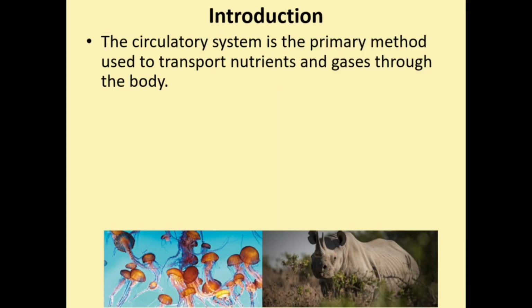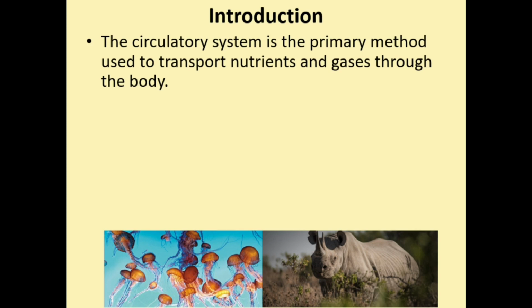So as an introduction then, the circulatory system is the primary method used to transport nutrients and gases throughout an animal's body. So in the previous session we looked at gas exchange, so getting oxygen into the body and getting waste carbon dioxide out. But when you start looking at different types of animals, you realize that they have different challenges, and they're different sizes, they live in different habitats.